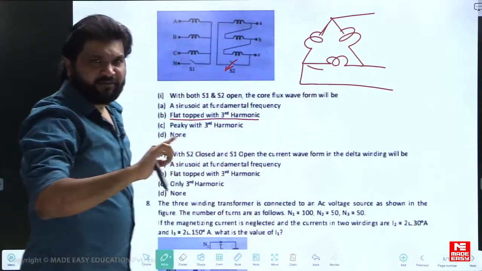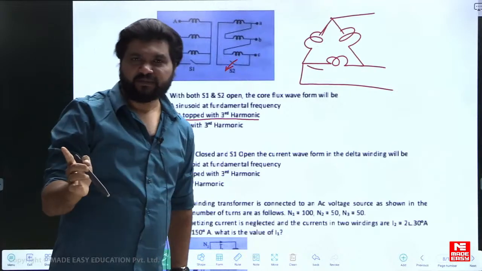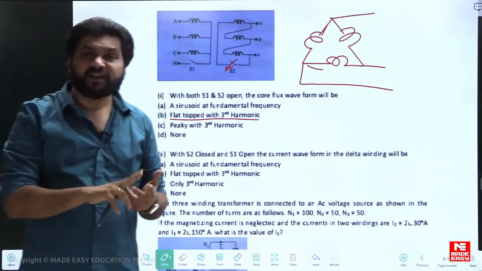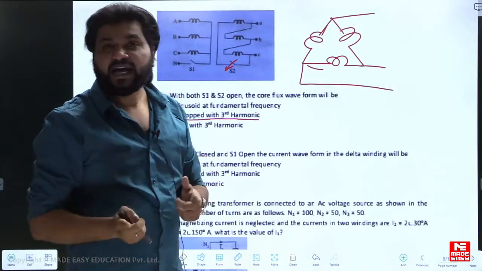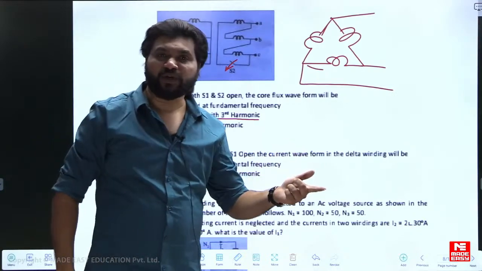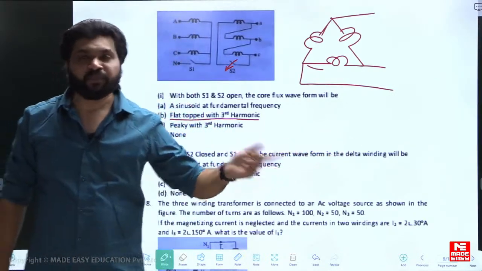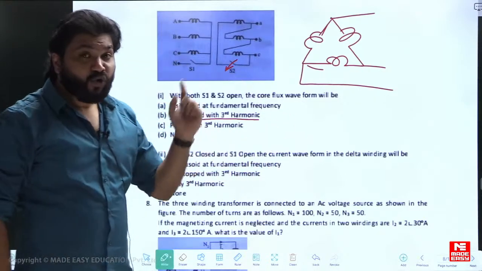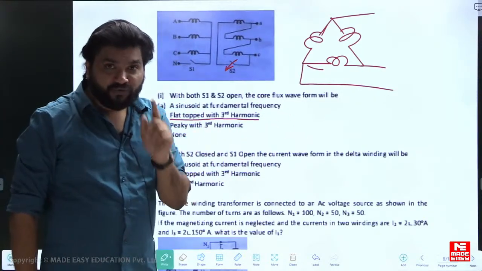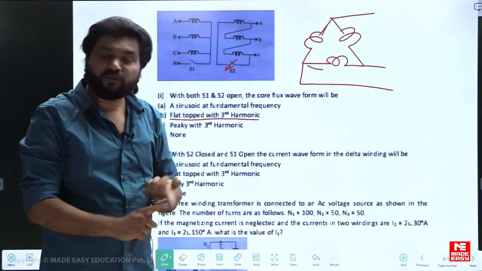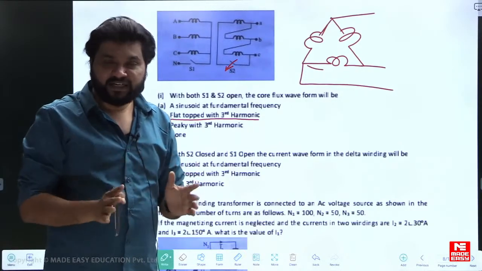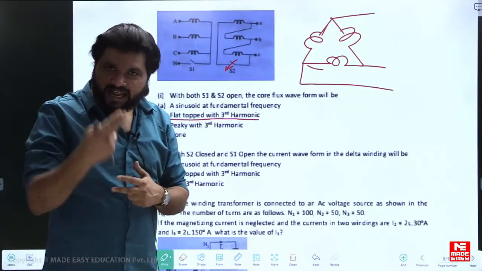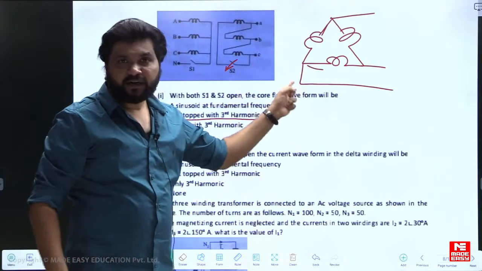There won't be fifth, there won't be seventh, because fundamental, fifth and seventh, they all contribute, like 1 at an angle 0 plus 1 at an angle minus 120 plus 1 at an angle minus 240, they add towards 0. But these third harmonics are totally cophasal, 1 at an angle 0 plus 1 at an angle 0 plus 1 at an angle 0, cophasal in nature. Therefore, they all add up and they produce third harmonic current.